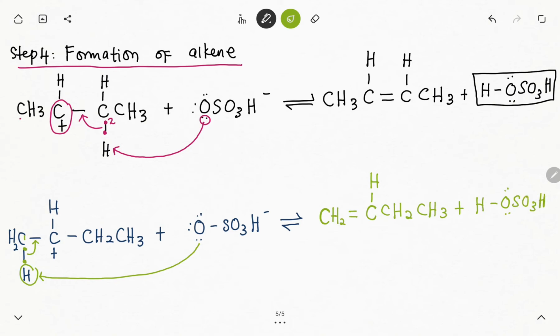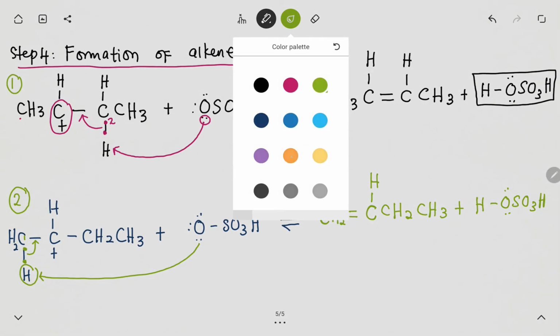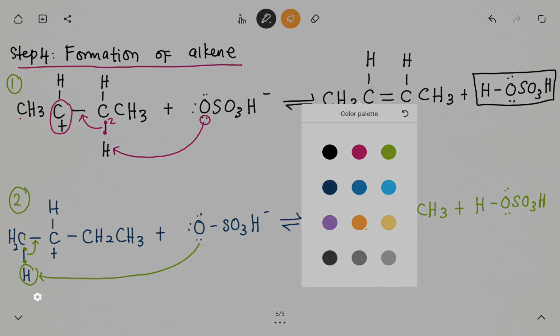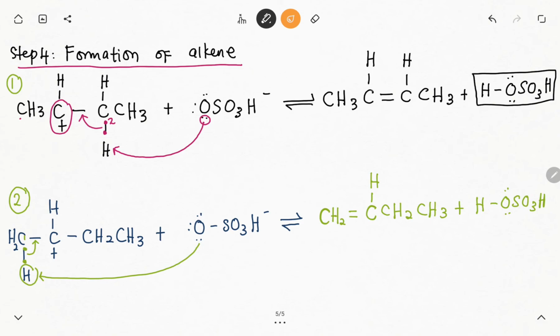But according to the question guide, you must show the mechanism for the formation of the major product. So this is our first possibility and this is our second possibility. From this step, you must differentiate which one is the major product. How can we classify the major product from the products formed? According to the Saytzeff rule, the carbon-carbon double bond must have the most highly substituted group.